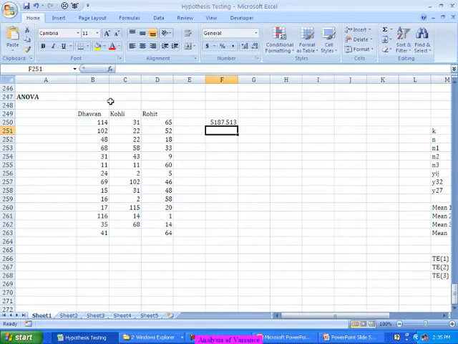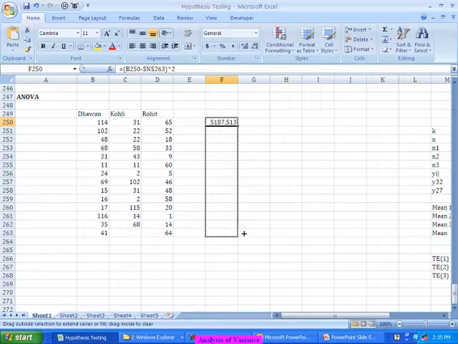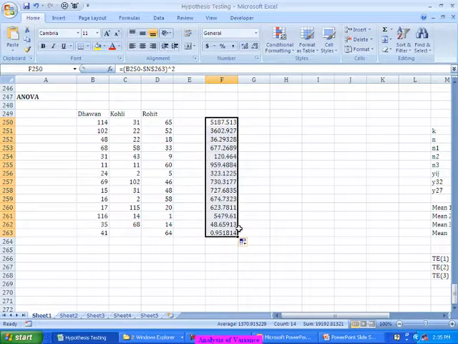So this is one thing which we are doing across. Alright, for all the observations, we are subtracting the overall mean from each of the observations and doing the squaring.